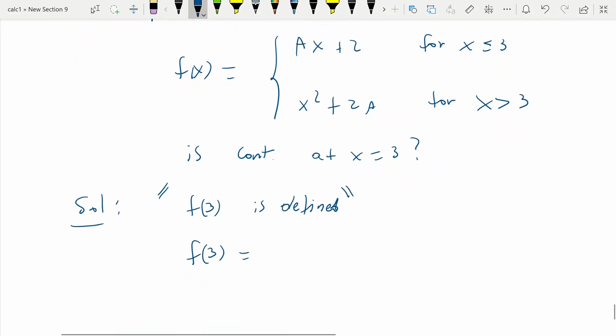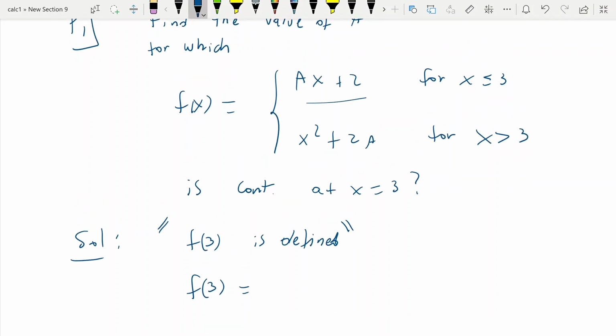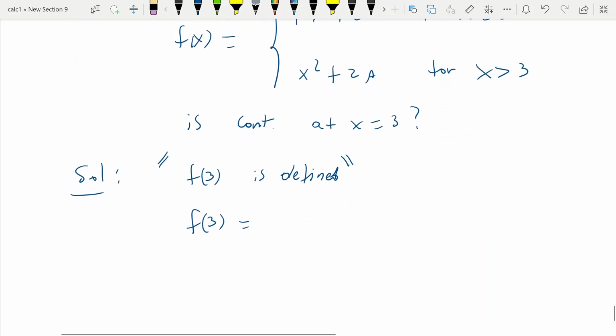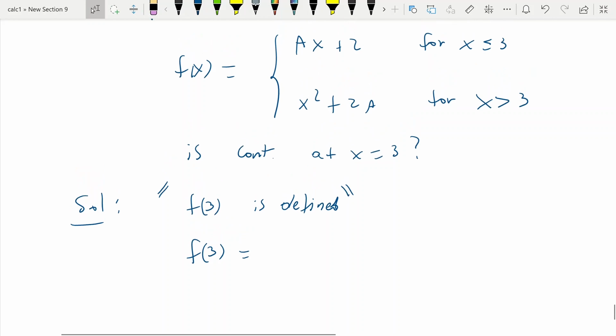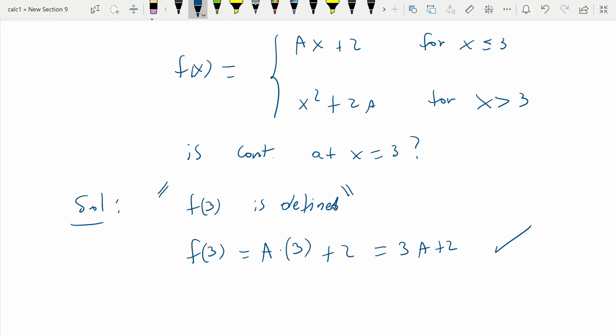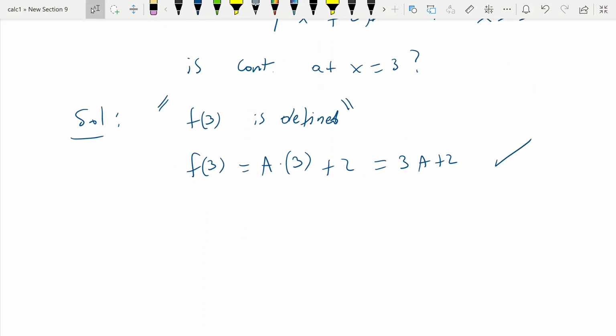So this formula includes the value x equals 3. So when x is equal to 3, f is equal to ax plus 2. We multiply a times 3 plus 2, which is just 3a plus 2. So it is defined there. That's the first thing that we need to check.